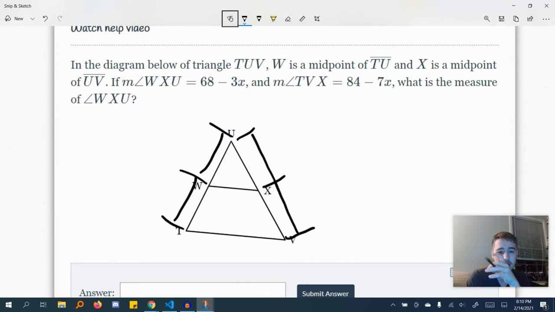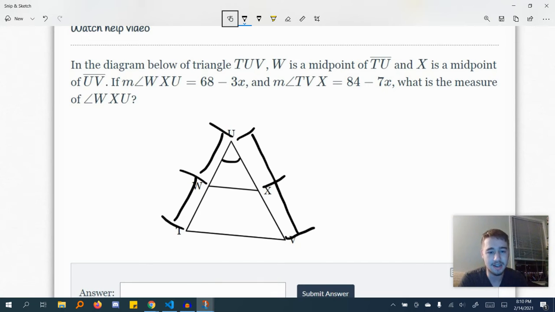measure of WXU? Now, the first thing we can know is that whenever we slice up a triangle like this, since we have these two midpoints, that triangle is going to be similar to the one we make when we grab the entire thing.